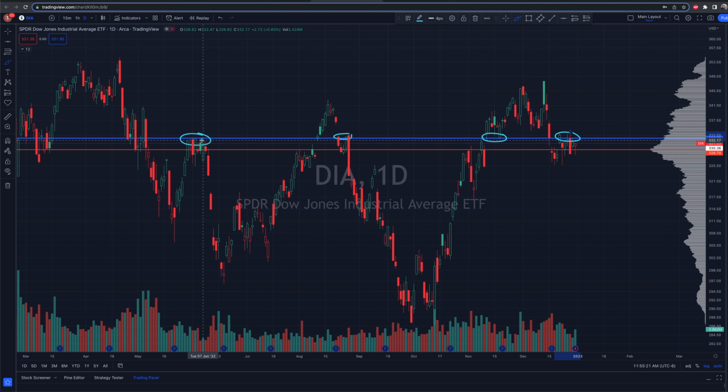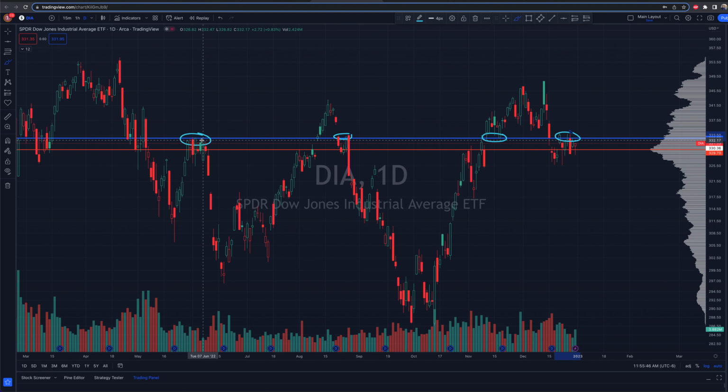Now, of course, price action ebbs and flows. Eventually, you're going to have moves above and below, but it's still acting, at least in the short term, as an area of resistance. So what's important to take away from this is that when you find areas where multiple candlesticks can't get above or below, that's a valid support or resistance. In this case, we're looking at resistance. We'll talk about support here in a second.